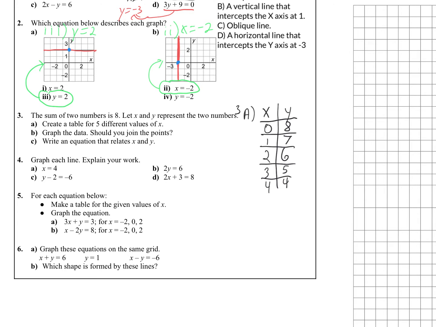I can also see that each time I look at my y value, it's going down by 1 each time. This is going to be important when we get to part C, because remember, this is what we call the rate of change.